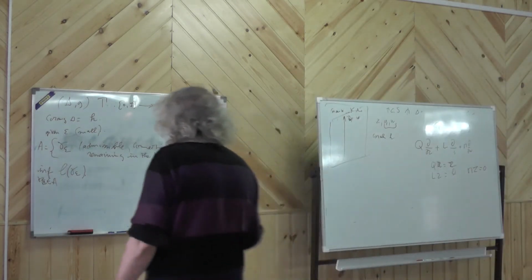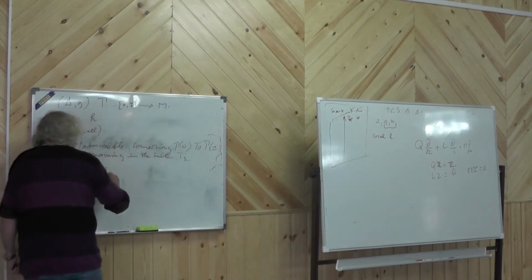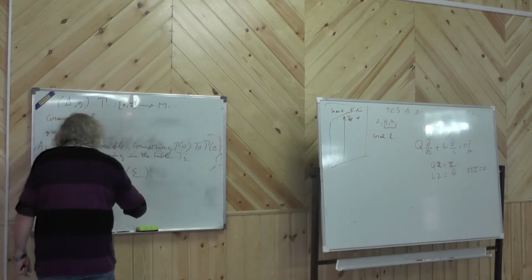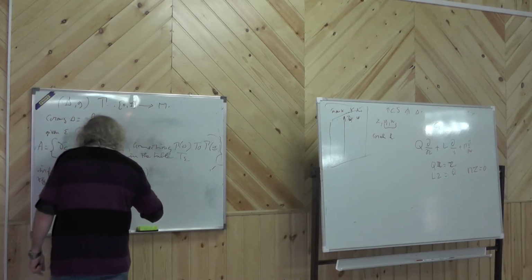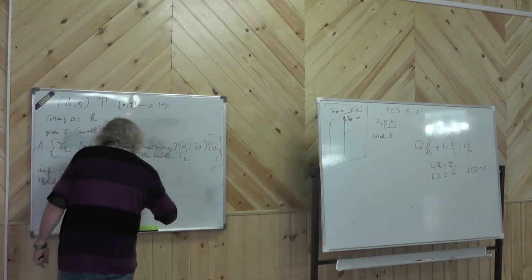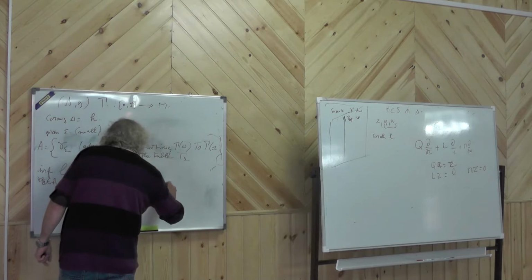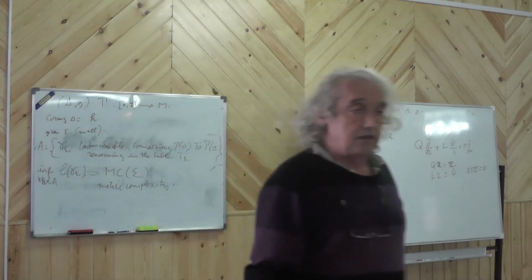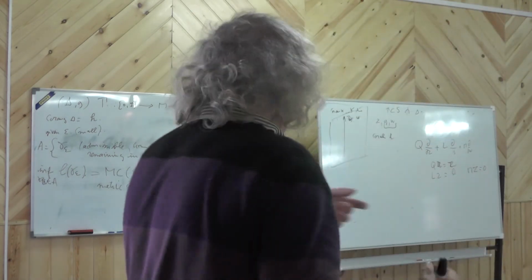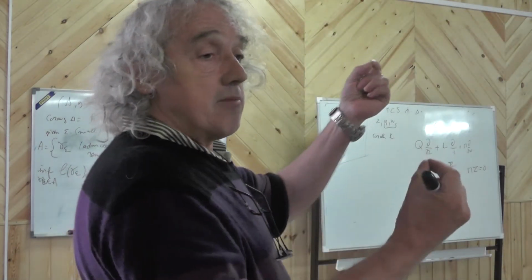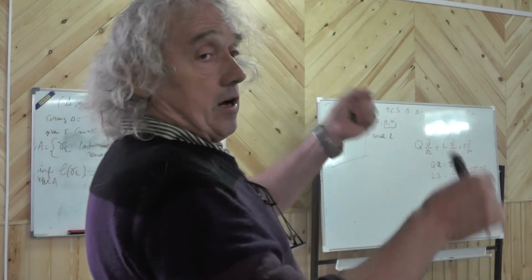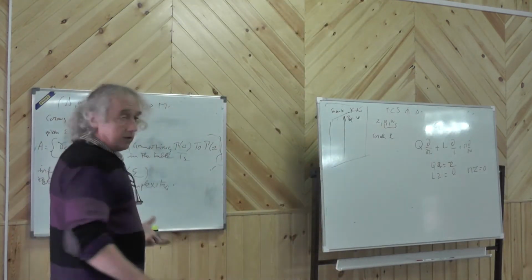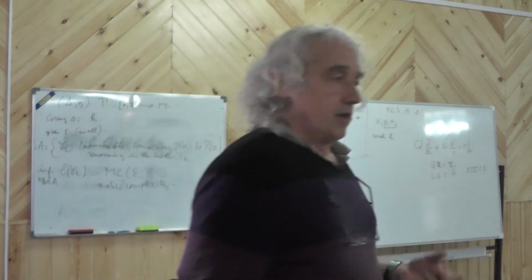This is a function of epsilon that I call MC of epsilon. It is a metric complexity of the curve gamma. I define it like that. It is a function of epsilon. It is the minimum possible length of a curve that approximates gamma by remaining epsilon close.